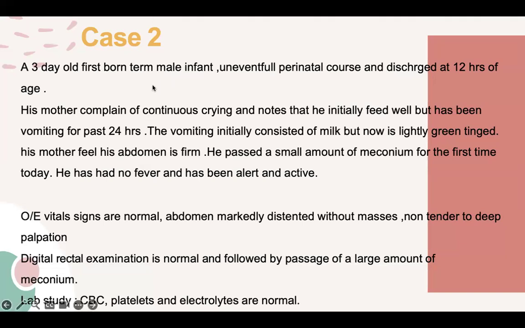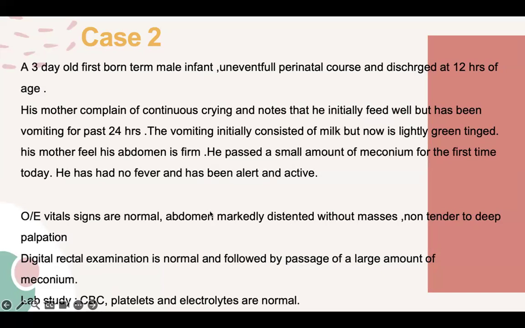So here, a day 3 infant with first-time meconium passage on day 3 of life, delayed passage of meconium along with a markedly distended abdomen with no localization, and on distal rectal examination, a large amount of meconium passage.